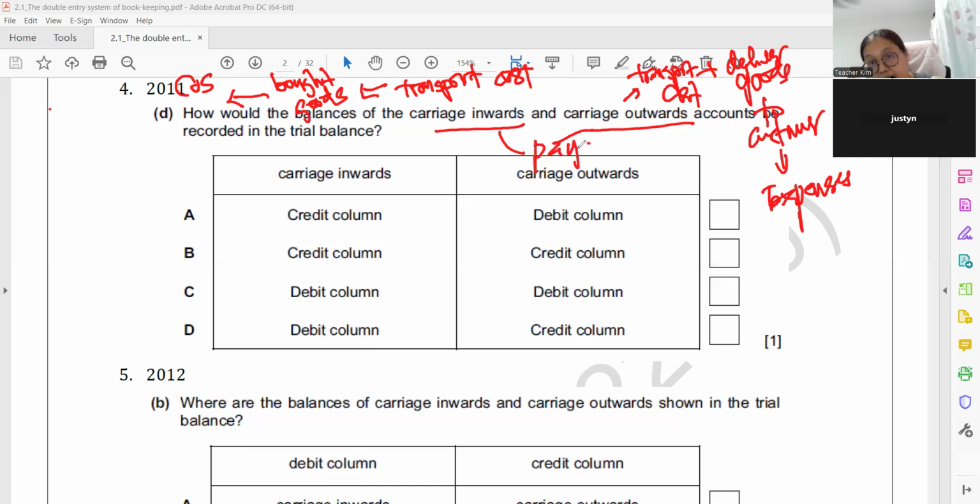So when you have to pay, what is your double entry? Bank had to pay money, so bank must give out the money. So how about your carriage inward and carriage outward accounts, debit or credit?